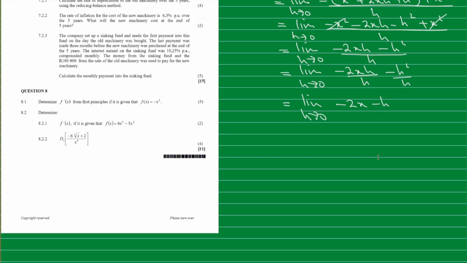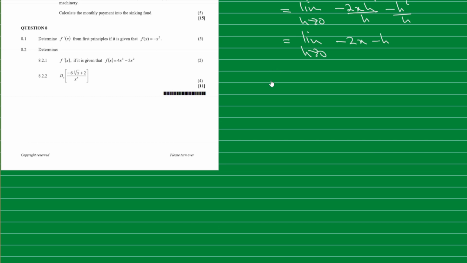Now when we simplify that further, we substitute 0 for h, so we get therefore our derivative from first principles being negative 2x.